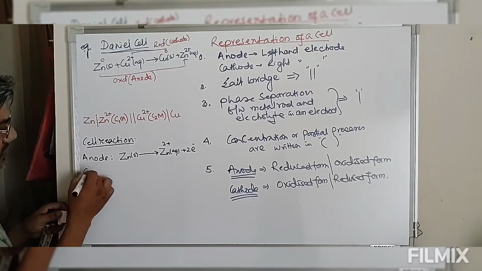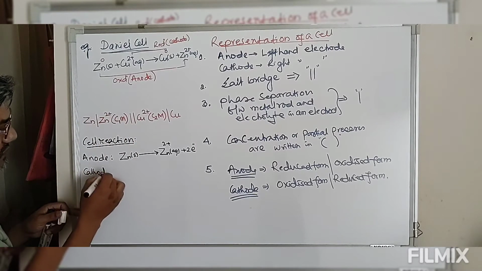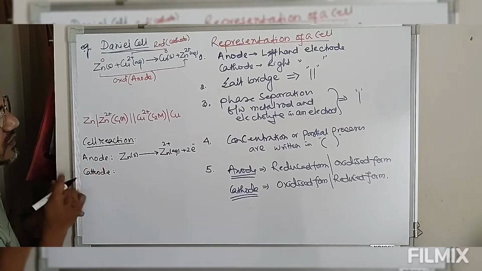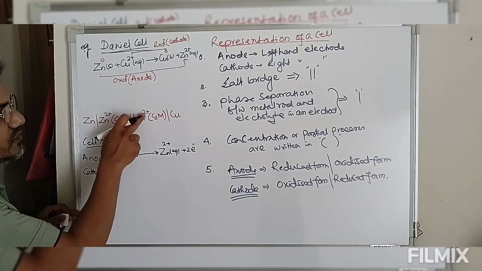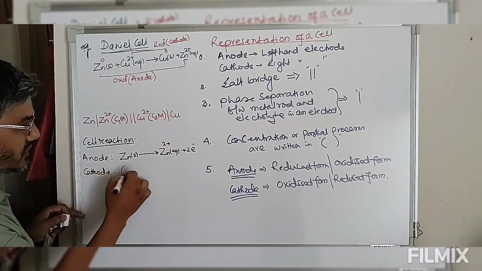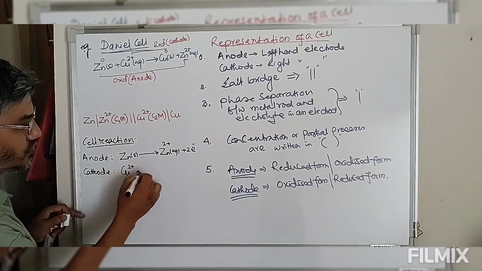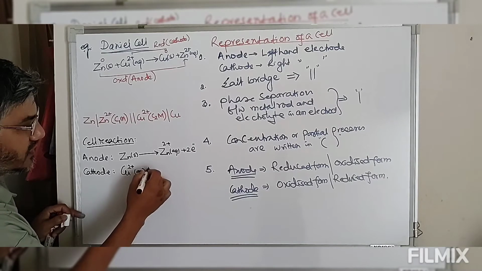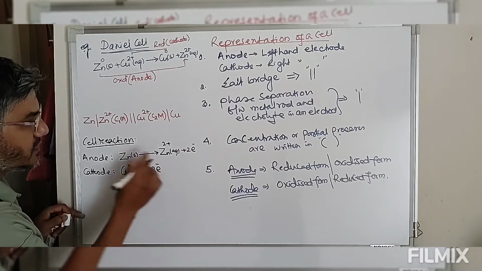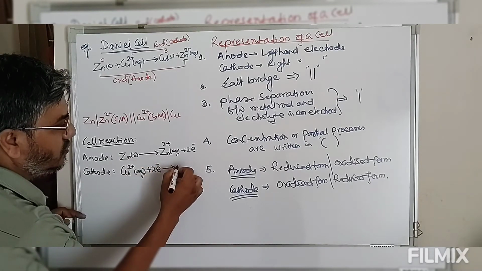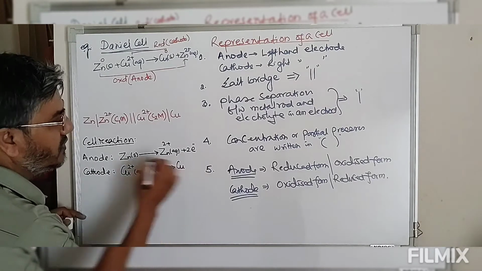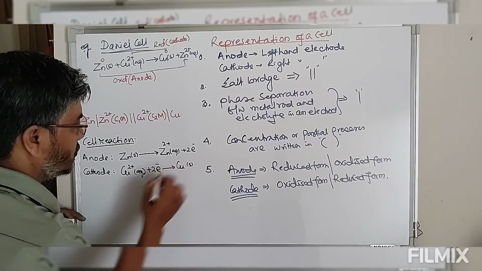Now cathode is where reduction reaction takes place. If you look at this, copper is changing from +2 to 0, so therefore the reduction reaction is copper +2 aqueous solution takes up 2 electrons, which were released by the zinc electrode, and is converted into copper solid.